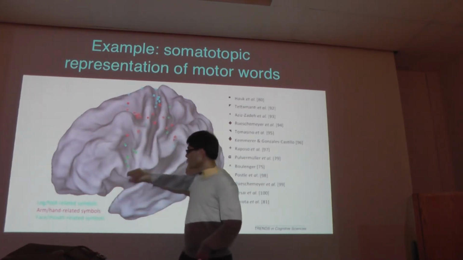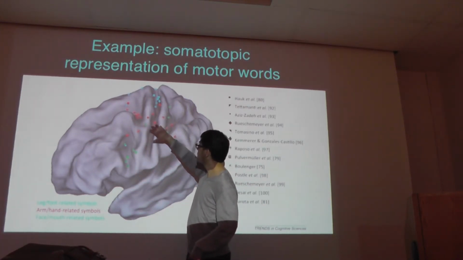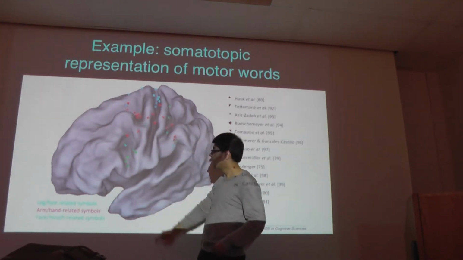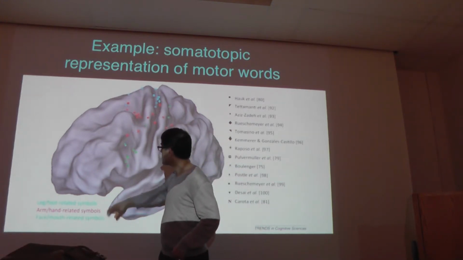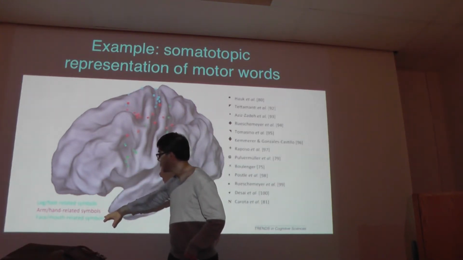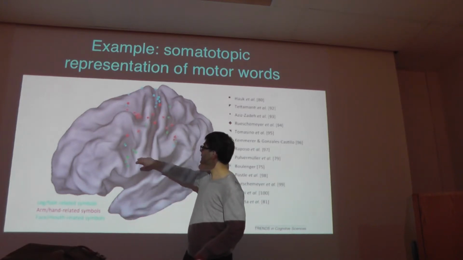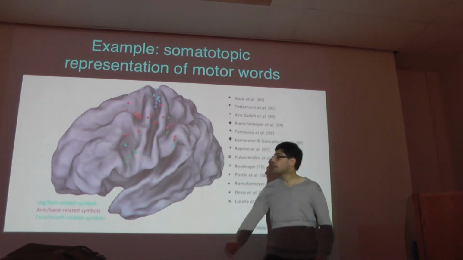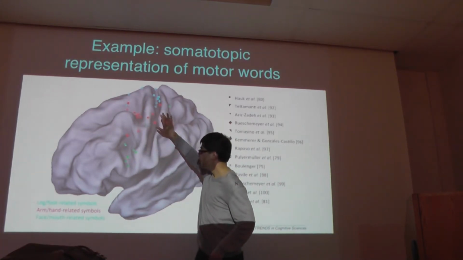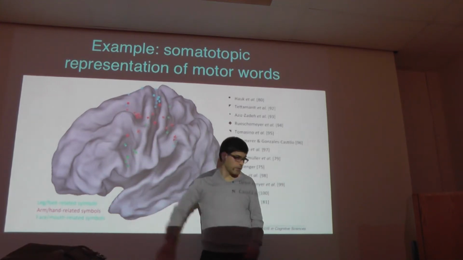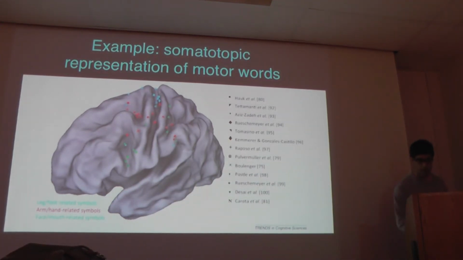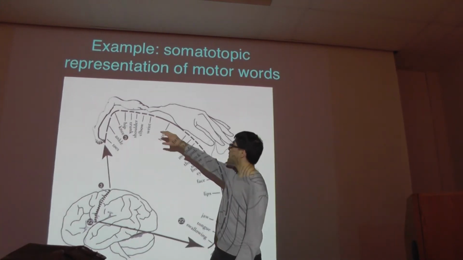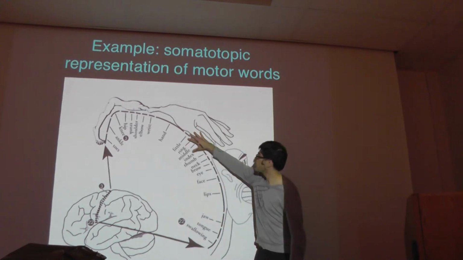The red stuff is words related to arms or hands, like grasp, poke. The green stuff is face or mouth related words, like smile, taste, chew. So feet, hands, mouth. Now let's go back to the somatosensory map: feet and legs, hands, and mouth.